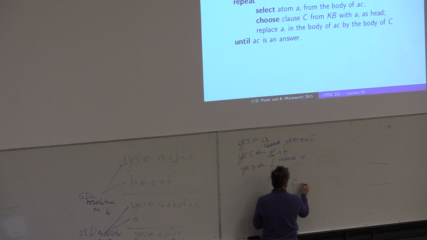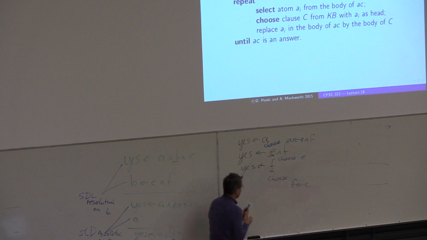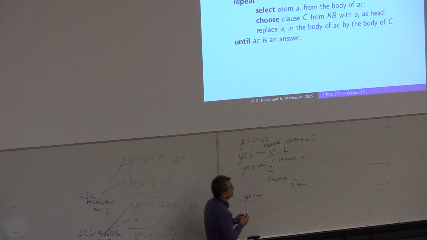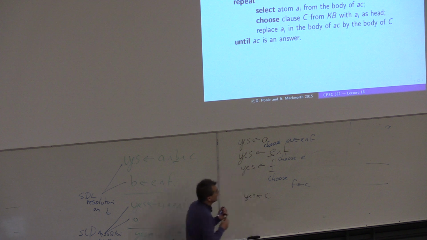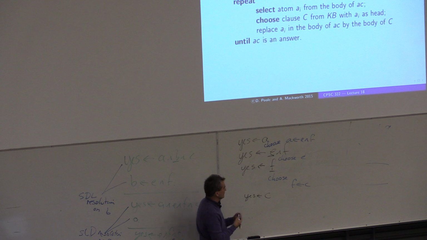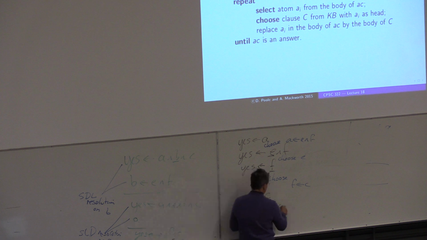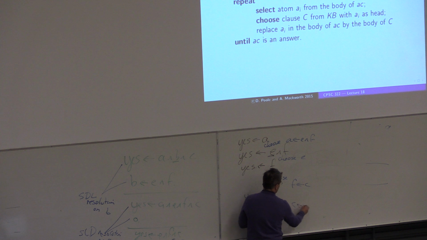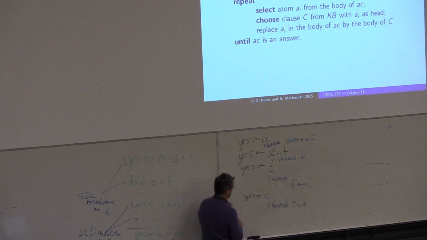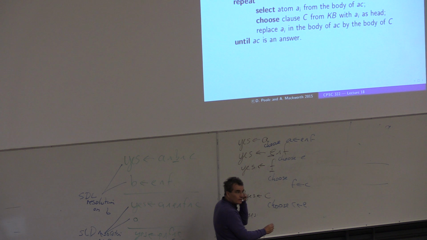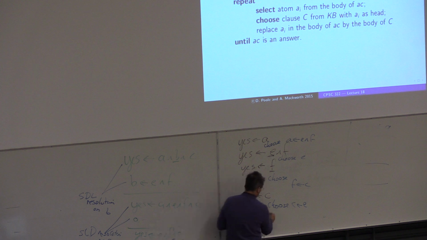F if C. And I'm going to end up with yes if C. Then what am I going to do? I'm going to choose C if E. They're going to end up with just yes if E.